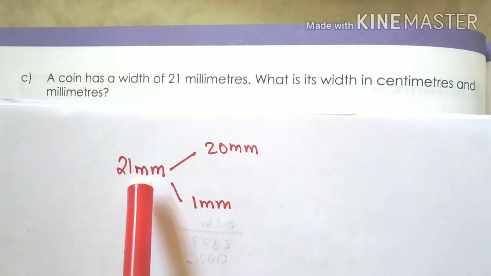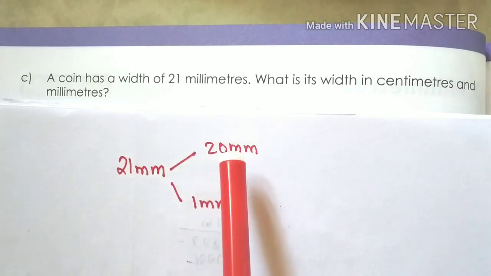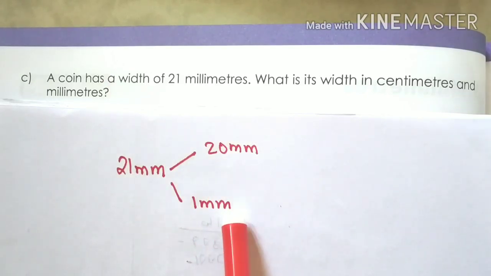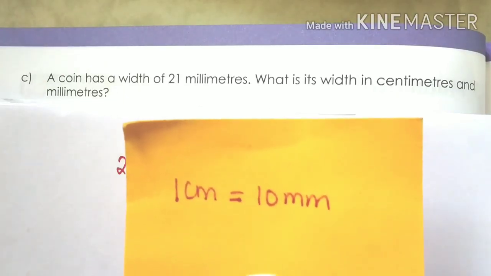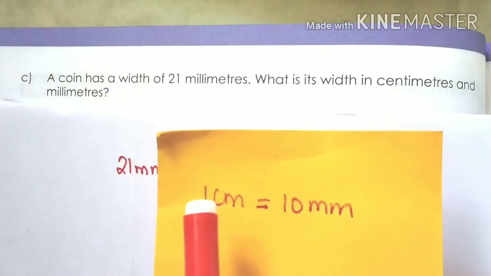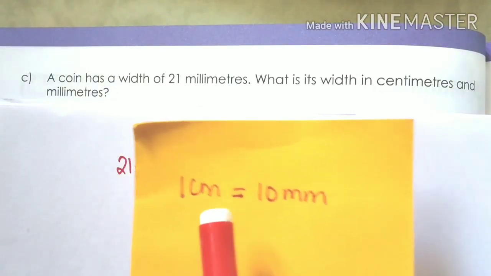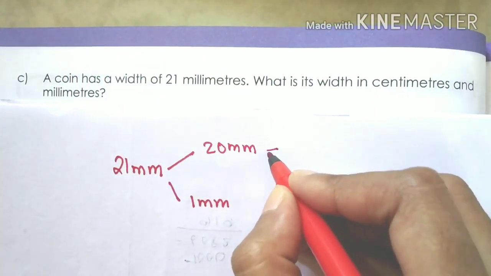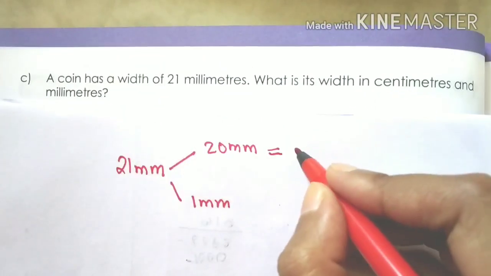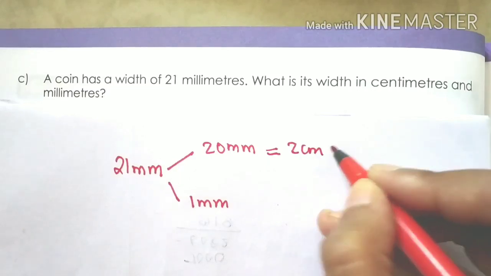Students, we have split 21 millimeters as 20 millimeters and 1 millimeter because it will help us with the conversion. Now students, we know that 10 millimeters is equal to 1 centimeter. So 20 millimeters will be equal to 2 centimeters.